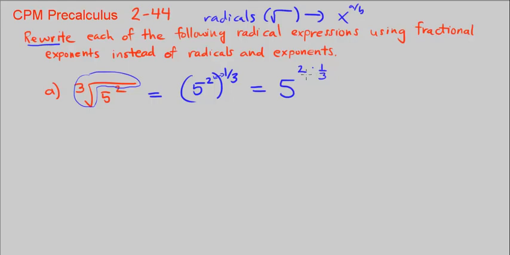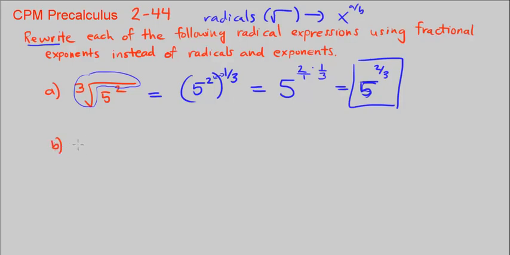To multiply 2 and 1/3, remember 2 is over 1, so that's 5 to the power of 2 times 1 is 2, over 3 times 1 is 3. So up in the exponent we have 2/3. So let's go on to B.